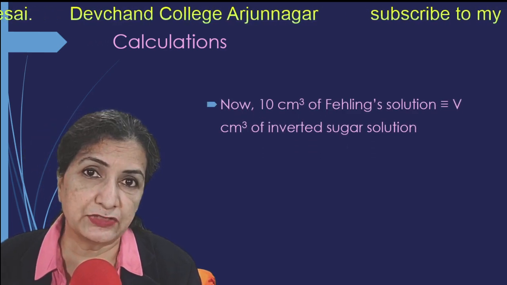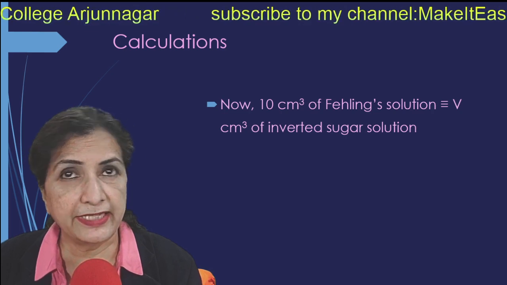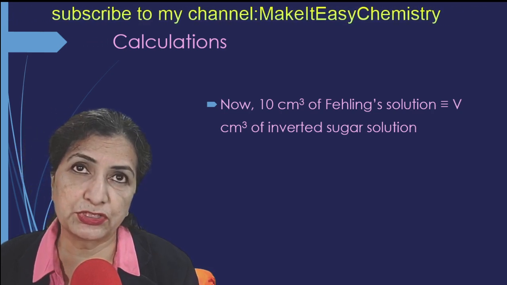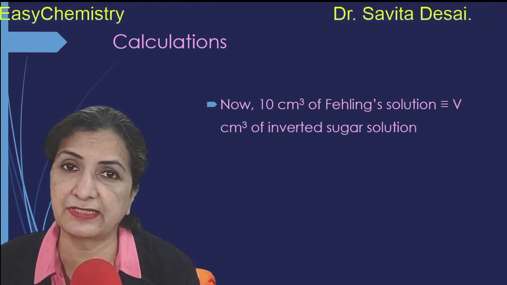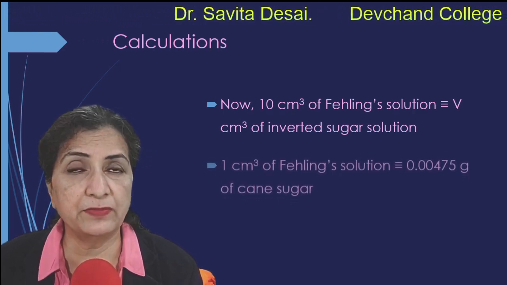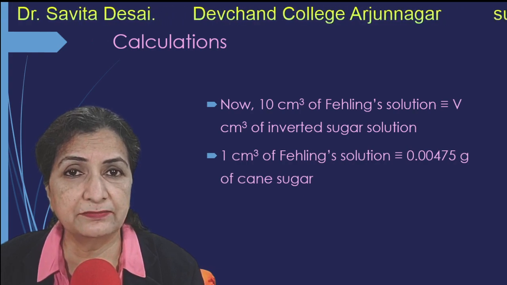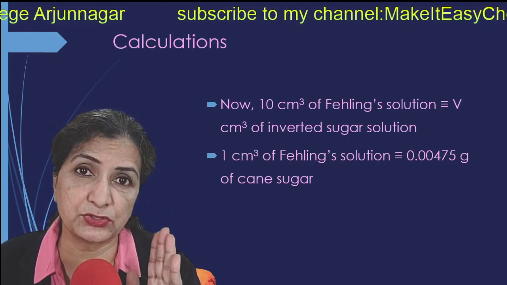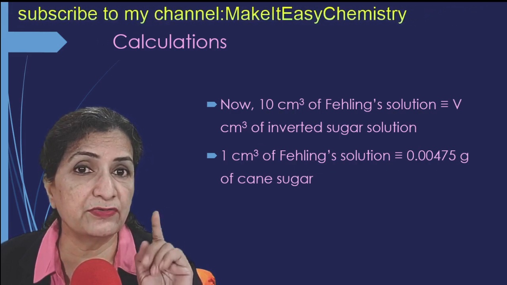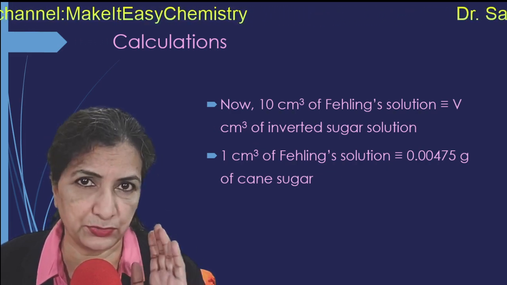After the titration, what have we known? 10 cc of Fehling solution required V cc of inverted sugar solution. This is our observation. Now from the given relation, 1 cc of Fehling solution corresponds to 0.00475 grams of cane sugar.